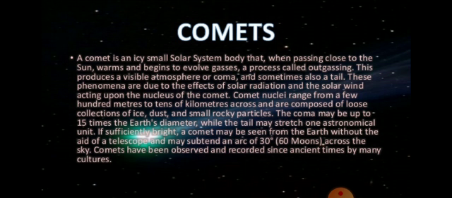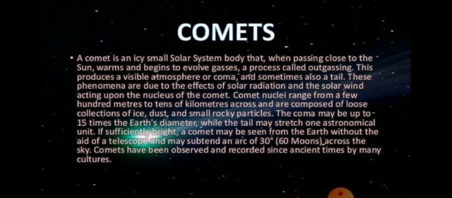Now the question arises in your mind: why does it develop a long tail when it comes closer to the sun? When it approaches the sun, it develops a long glowing tail that becomes visible to us, because the sun's rays make its gas glow, which then spreads to form a tail millions of kilometers long.